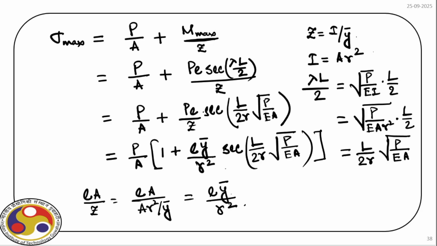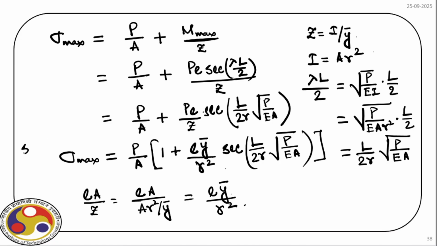Let us put a bar so that we can differentiate y bar, which is the distance of the extreme fiber under bending from the neutral axis of the cross section. Now, this formula, sigma max is equal to P by A within bracket 1 plus e times y bar by r square sec within bracket L by twice r, square root of P by EA.